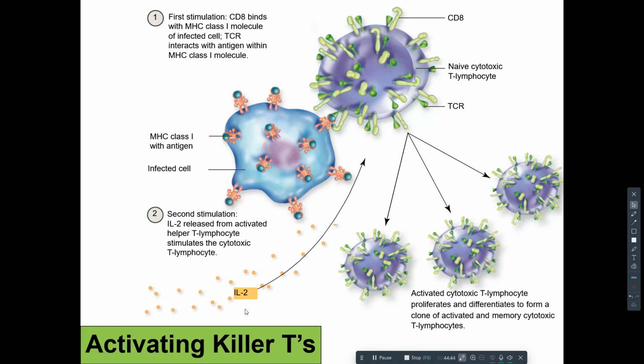By the way, notice that we got some chemicals swooping in here, some interleukins. Those would have been released by helper T cells that are directing the response to the same antigen. So the T cell is not only being stimulated by the viral fragment on the infected cell, this cytotoxic T cell is also getting permission from the director, which is the helper T cell. And the killer T cell divides to make active ones for right now and memory ones for next time.